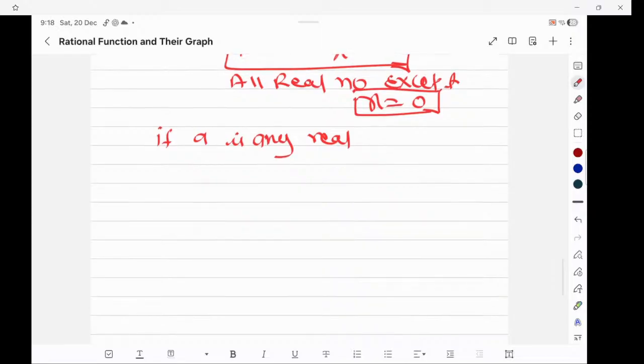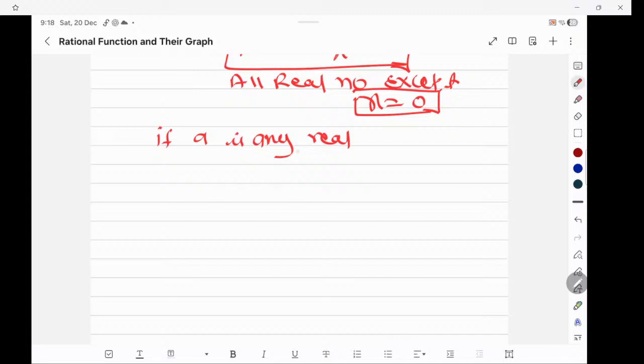If a is any real number, now this is the approach to a. Sorry for the trouble with the internet.